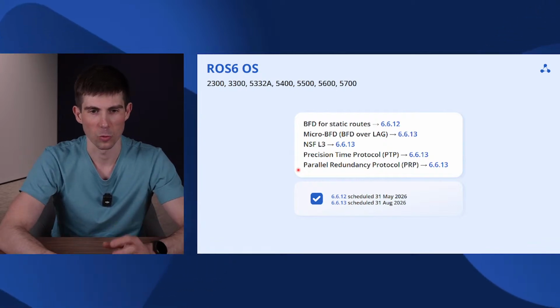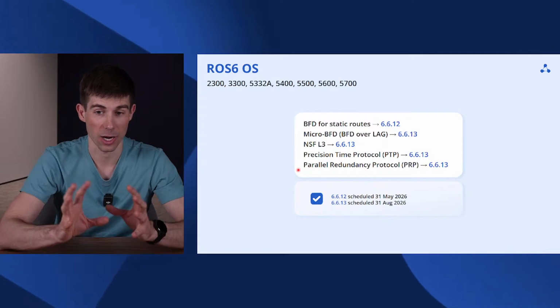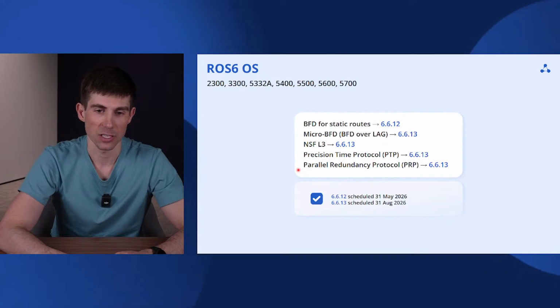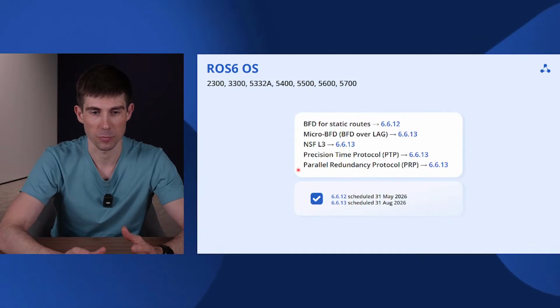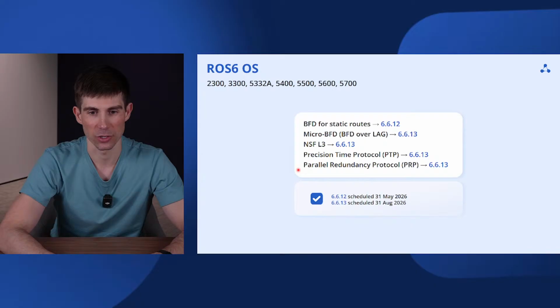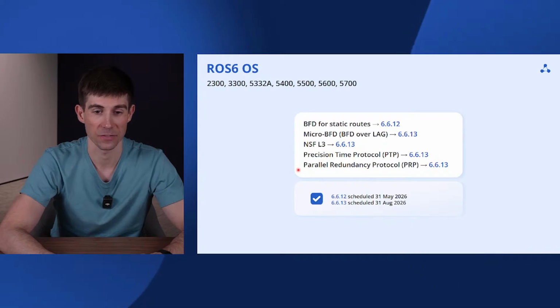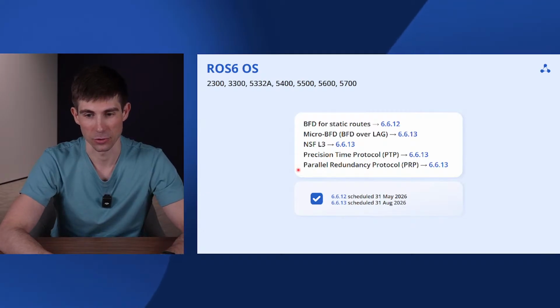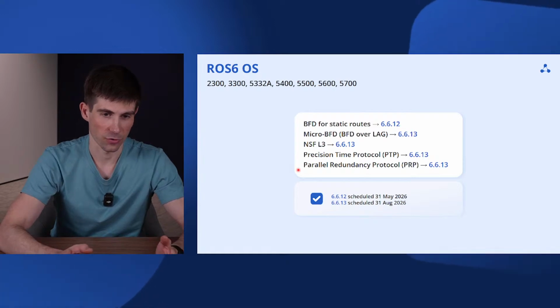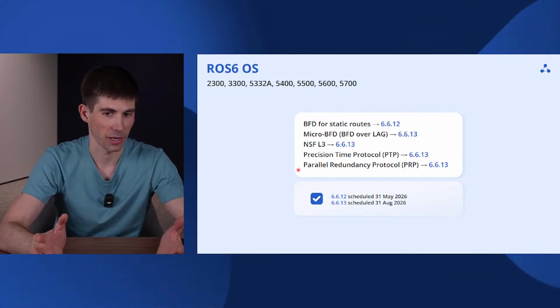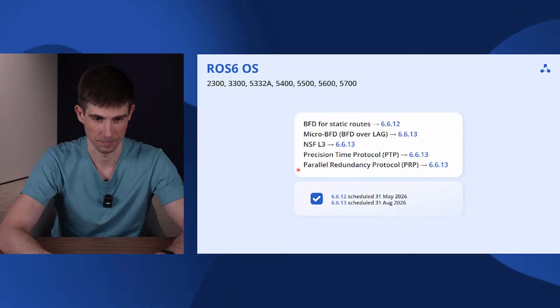I'm going to cover a little bit more about them at the hardware section of this presentation, but the idea is in the 6.6.13 version, both these protocols will be introduced for our industrial switches for the MES 3510 series, and they are aimed to offer high availability infrastructure with precision time synchronization for SCADA projects.